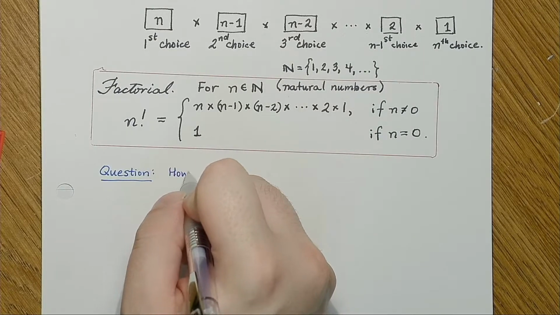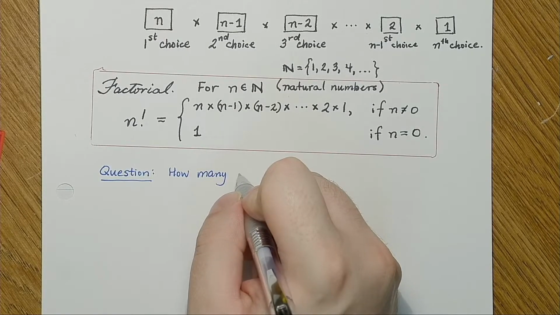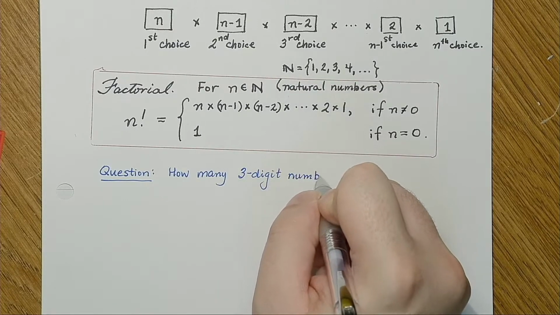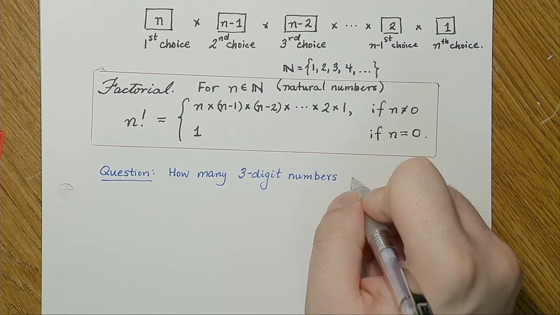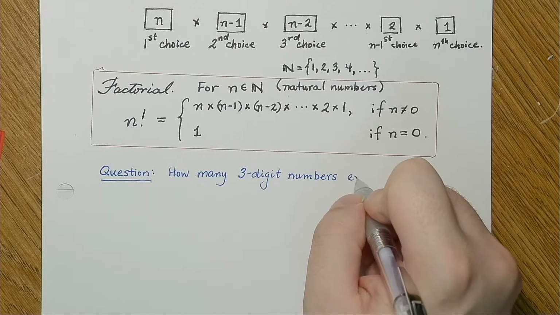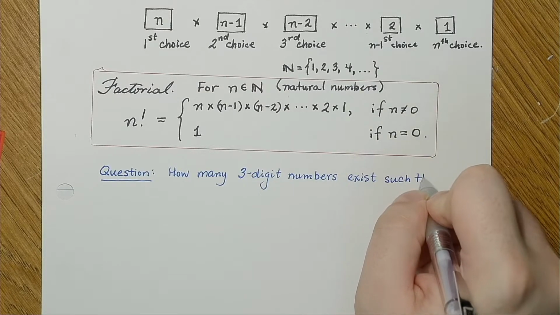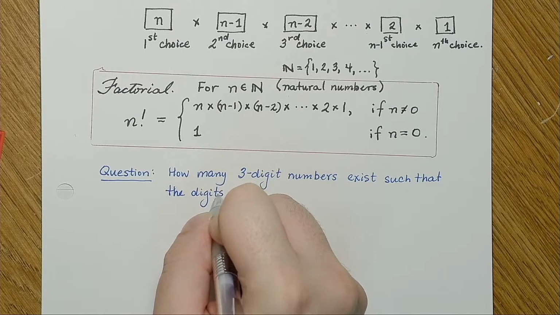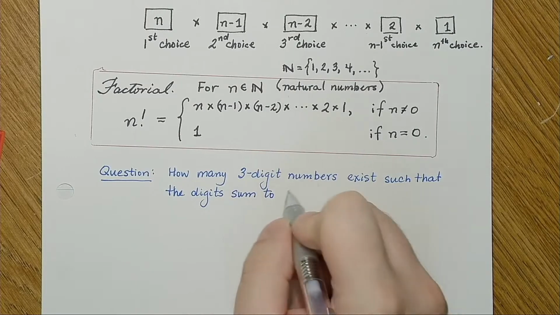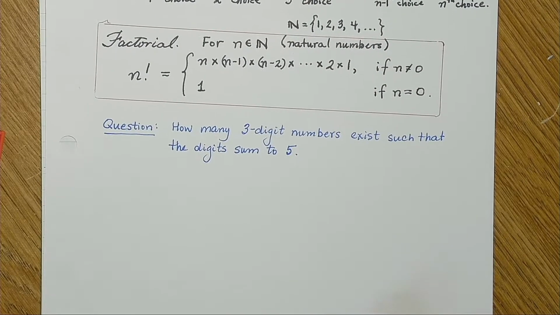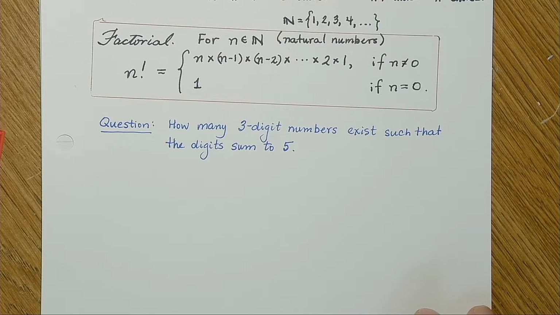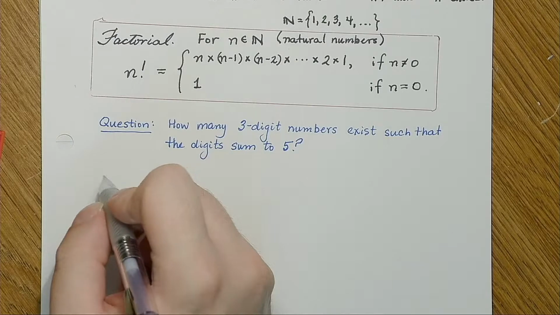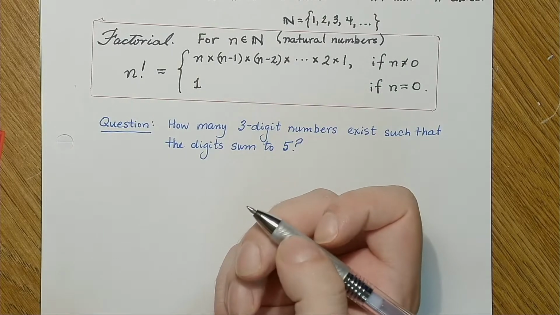Well, let's say how many 3-digit numbers exist such that the digits sum to 5. So this could go horribly wrong. I don't think I've come up with an answer for this.